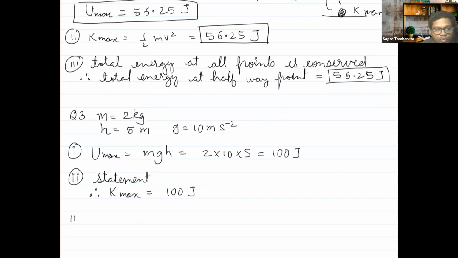And the third point, you know that the ball comes to rest.